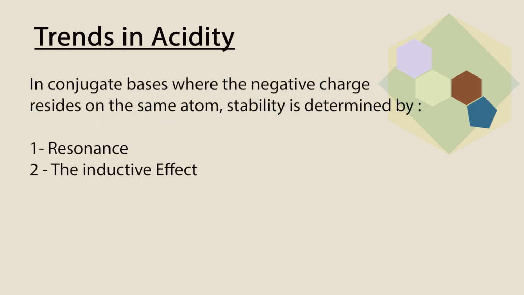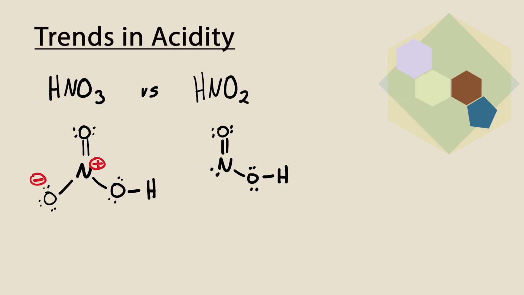Next, we will look at trends where the atoms containing the negative charge are the same in the conjugate bases that we are comparing. In these cases, stability will be determined by either resonance or the inductive effect. Let's compare HNO3 to HNO2 and predict which acid is stronger based on their relative conjugate base stability.